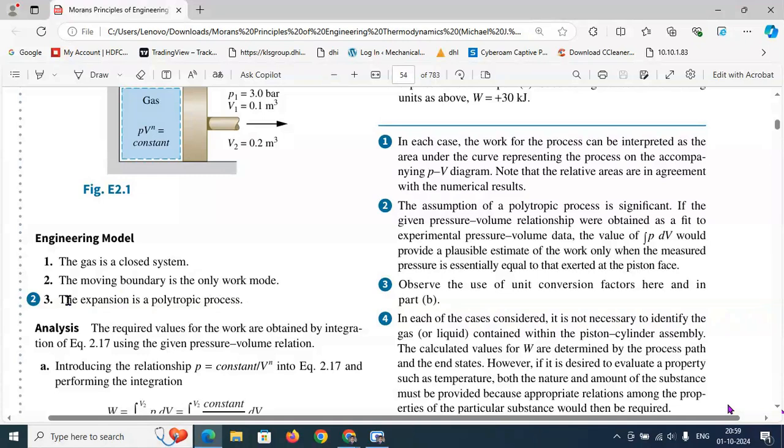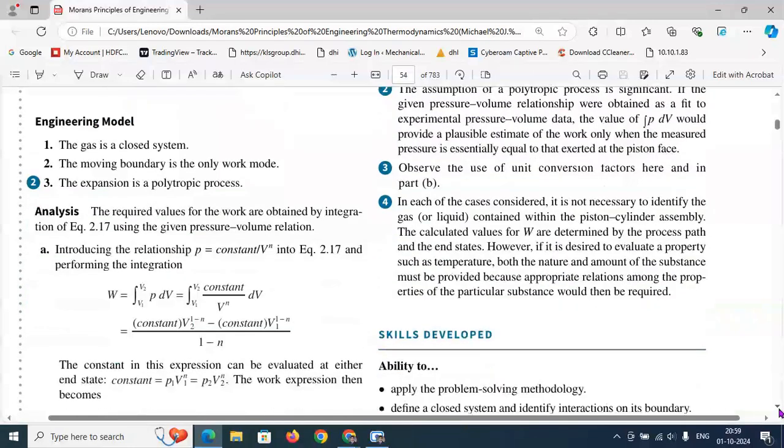So they have assumed no heat transfer. Third step, the expansion is polytropic. Why? PV^n is constant. That's why they have assumed a polytropic process. According to that, they have to write the equations. See here, as I told, P2 V2^n minus P1 V1^n divided by 1 minus n.